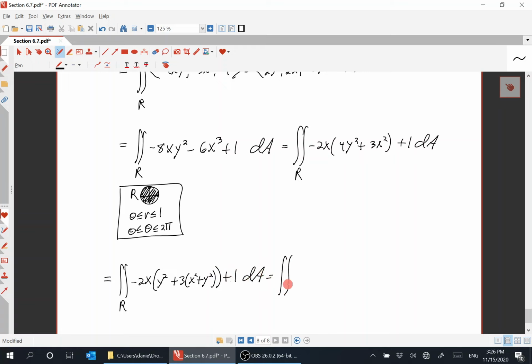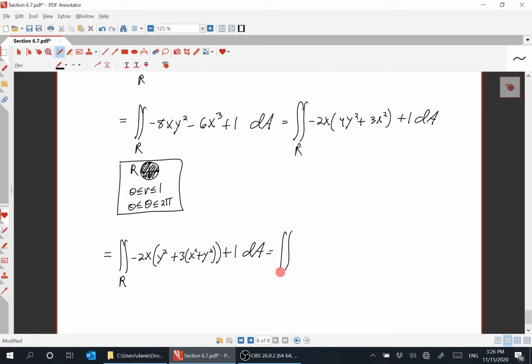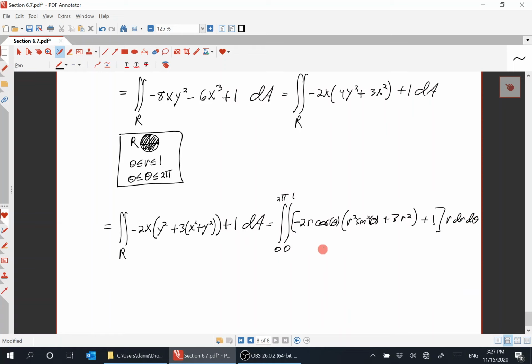So this is equal to the integral from 0 to 1 for r and 0 to 2 pi for theta of minus 2x, which is minus 2r cosine theta, times y squared, which is r squared sine squared theta, plus 3r squared plus 1 outside here, and then r dr d theta, where that r is multiplied by everything in here.